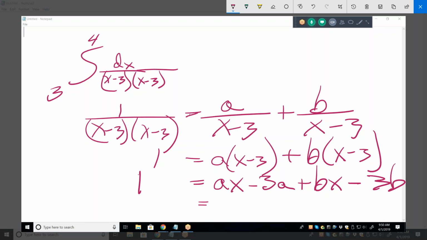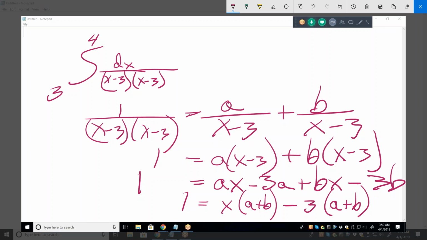Now, if we group, we get x times a plus b minus 3 times a plus b equals 1. See what I did? I grouped the x's together and I factored out the x. And then I grouped the 3a and the 3b together and I factored out the 3.